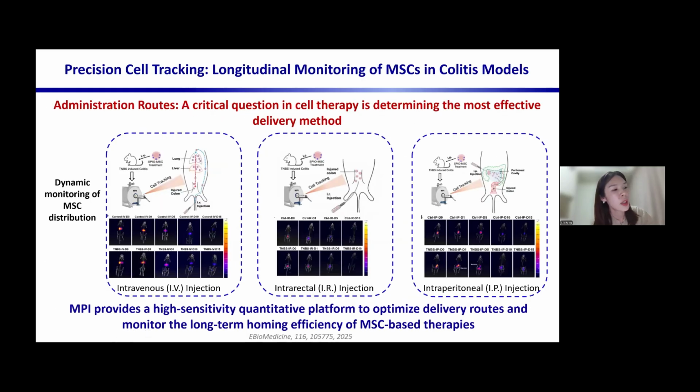And in addition to vascular imaging, tumor imaging, and pulmonary imaging, we've also conducted some research in cell tracking. And this slide highlights our recent work on monitoring stem cell therapy for colitis, or the inflammatory bowel disease.